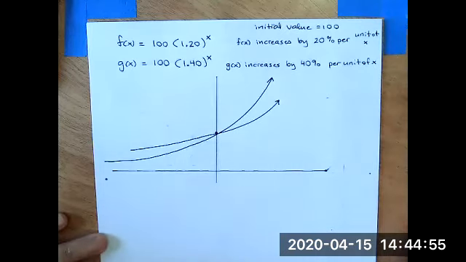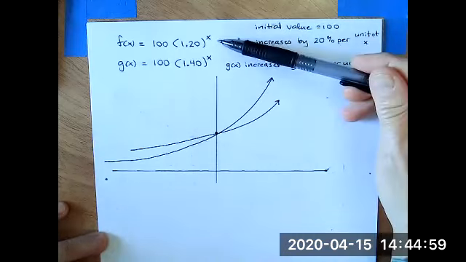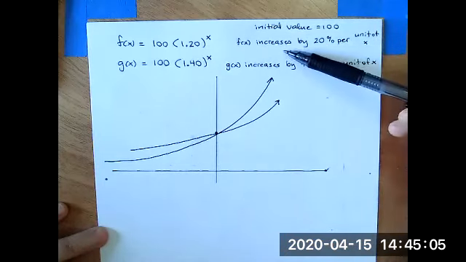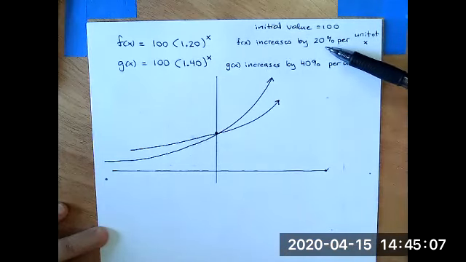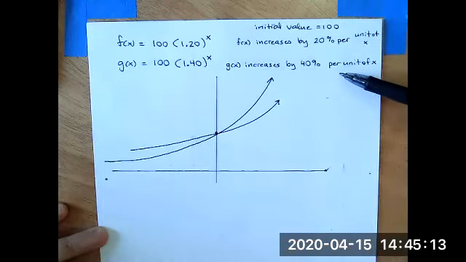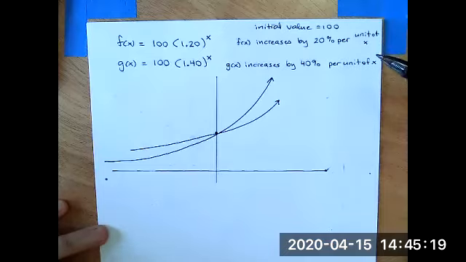If we were to compare the graphs of two exponential functions, f of x and g of x, you can see from the base that f of x increases by 20% per unit of x. G of x increases by 40% per unit of x. So g of x is increasing faster.